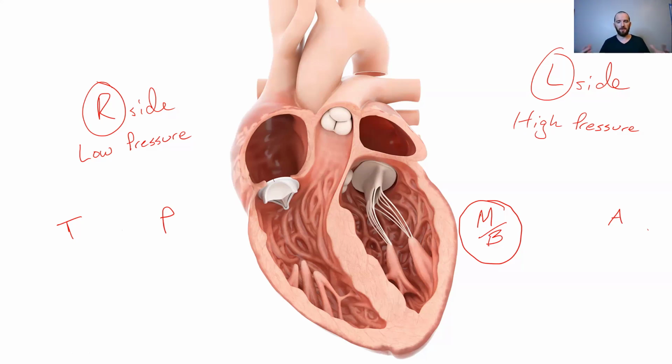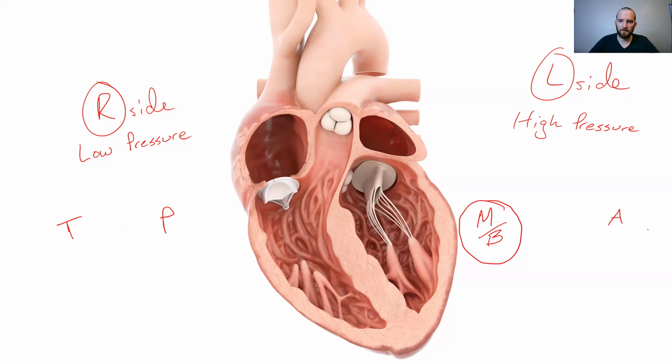But generally, when everything's going fine, the right side doesn't have to work very hard. The left side is receiving the blood from the lungs, and it's working hard to pump with enough force to get that blood throughout the entire body. So the right side is the low pressure side, and the left side is the higher pressure side.